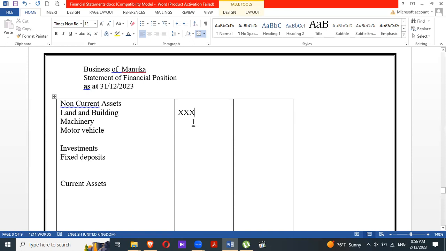Just mention some values here. Now you can take the total to the other side. Tangible non-current assets separately, intangible non-current assets separately.